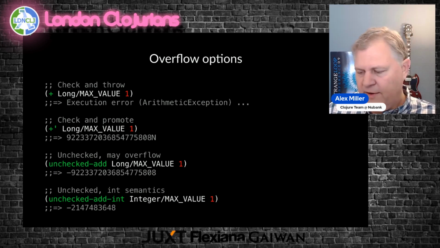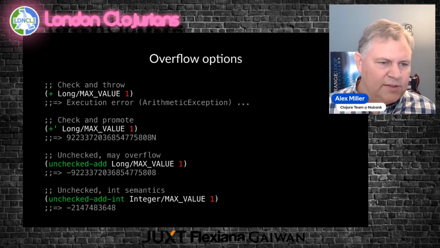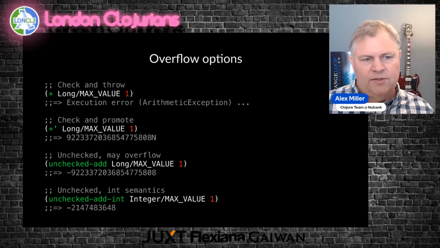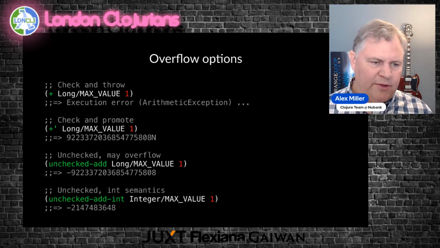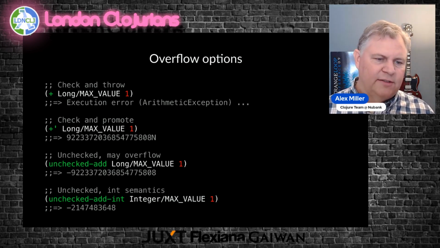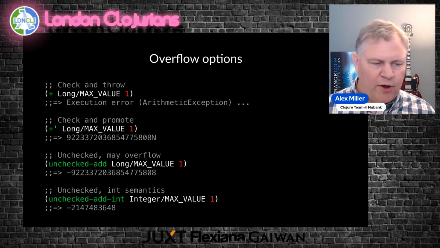There's a complementary set of operations, all of which have a quote added to the end. So plus quote is a function that does promotion for you. And then you can skip the check and overflow by using, again, a set of complementary operations that all have the prefix unchecked. So you can use unchecked-add to add 1 here, and it will overflow back into negative. So that's another option available for you.